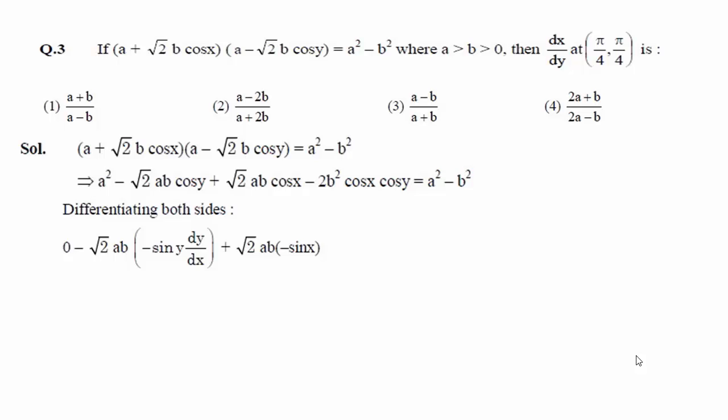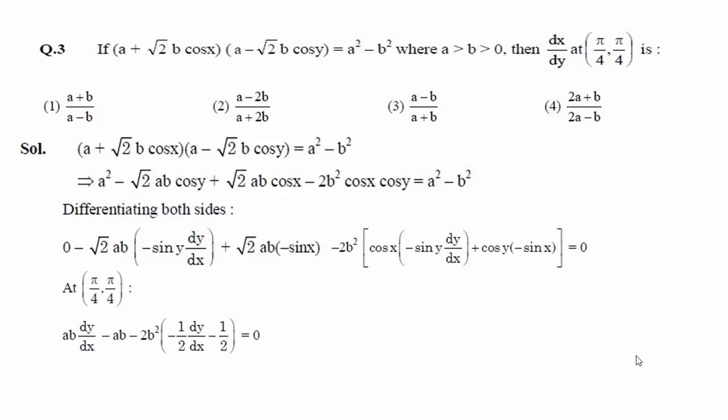If we differentiate both sides, we will get derivative of a² is 0, minus √2 ab into (−sin y) dy/dx plus √2 ab into (−sin x) − 2b² [cos x (−sin y) dy/dx + cos y (−sin x)], which is equal to 0, because the derivative of a² − b² is 0.